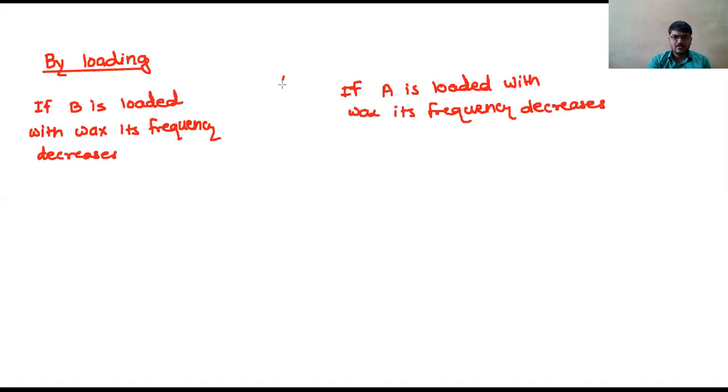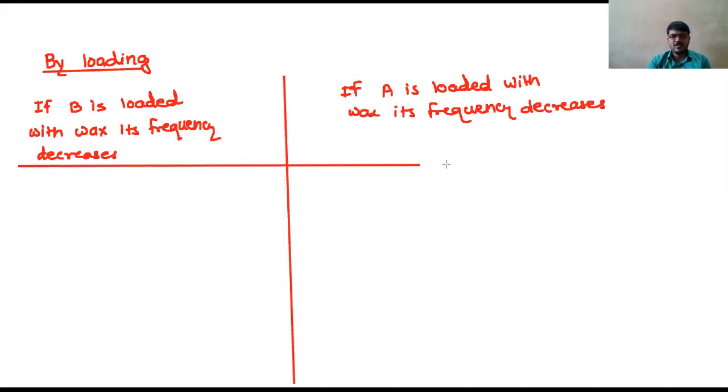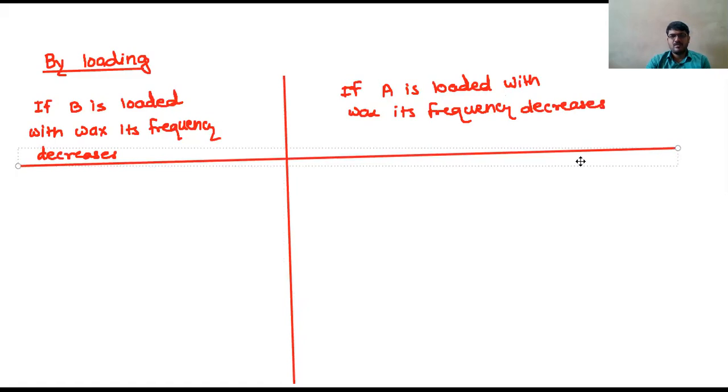What will happen? You can make a box like this also if you want. This is for A, this is for B. So let's see what happens.